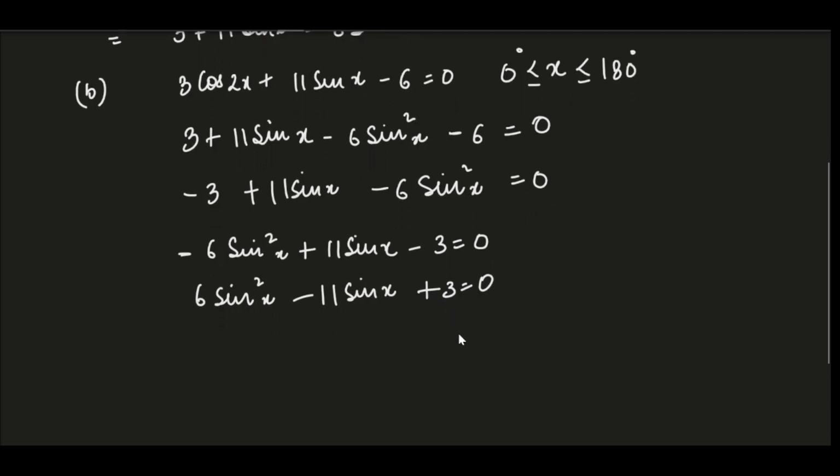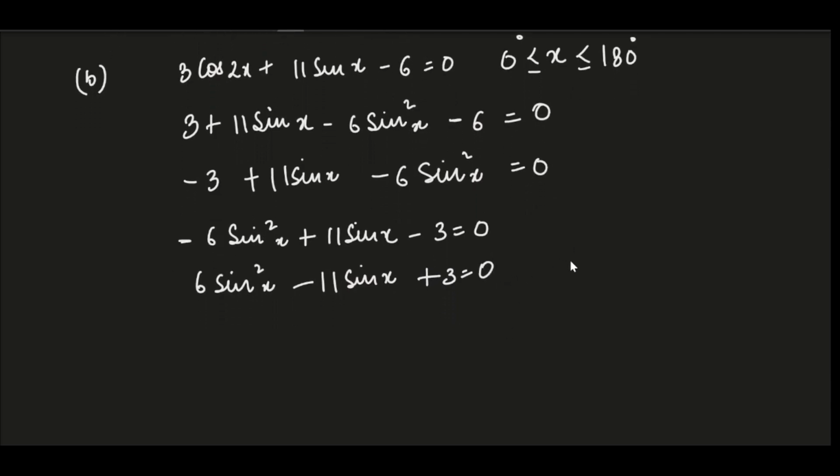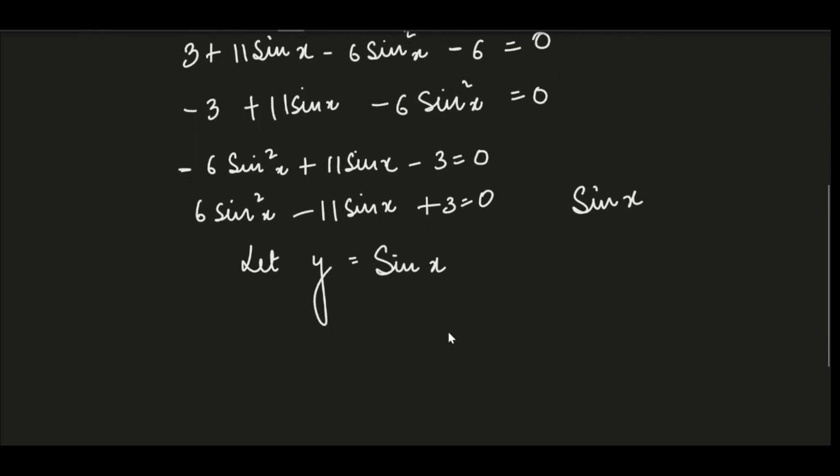Now, we have a quadratic equation in sin x, right? So I'll take another variable, let's take it as y, and assume it as sin x. So I am changing my quadratic equation in sin x to this variable y. This will become 6y squared minus 11y plus 3 equals 0.